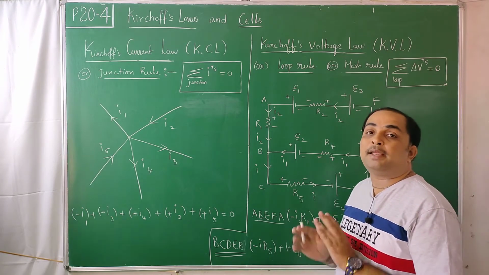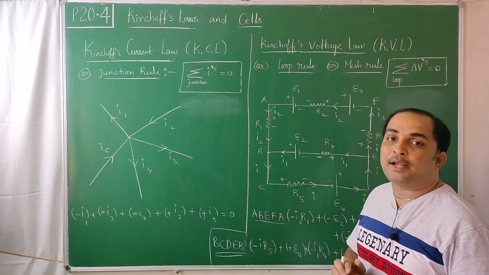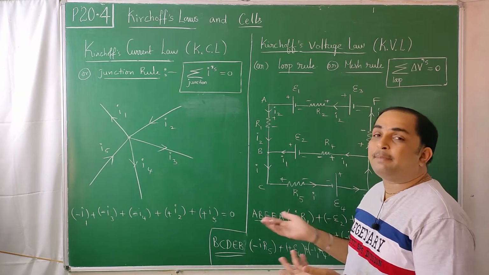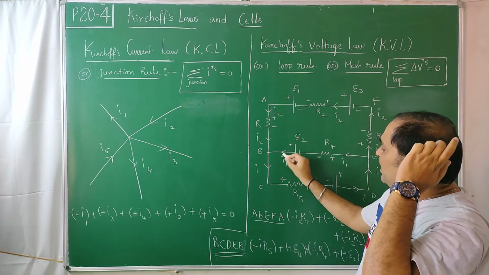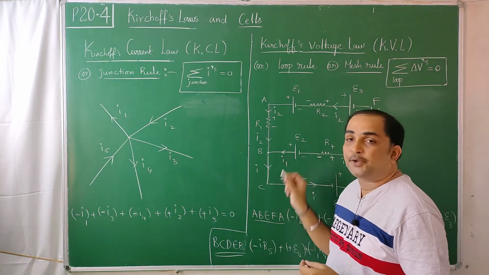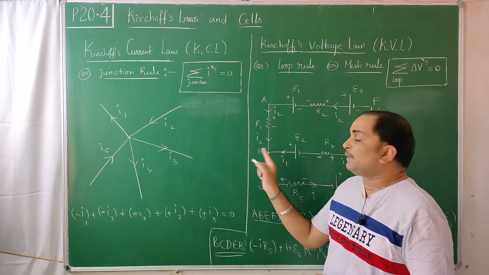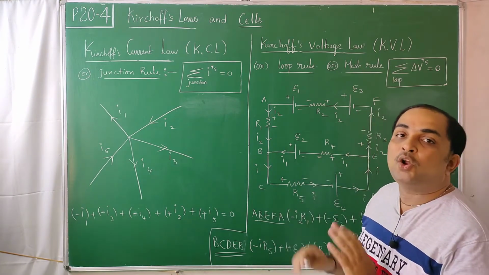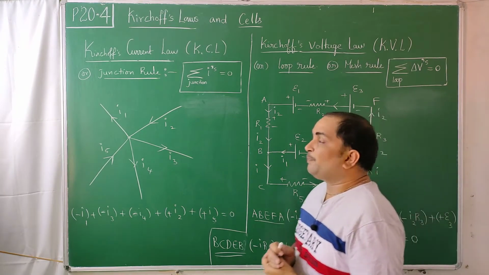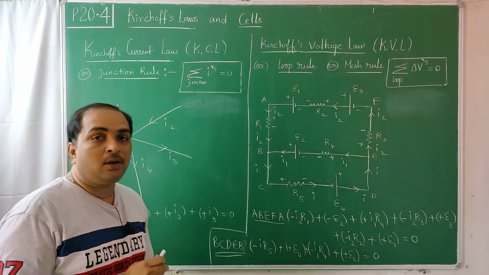If you travel properly and write the proper plus and minus signs, the algebra will take care of it mathematically, and you will get back the answer. Instead of getting I1 to be a positive 5 amperes, you will get minus 5 amperes. 5 amperes is the magnitude, minus is the direction. That means whatever direction you assign, you have to take the quite opposite into account. So this is the explanation of Kirchhoff's current law and voltage law.